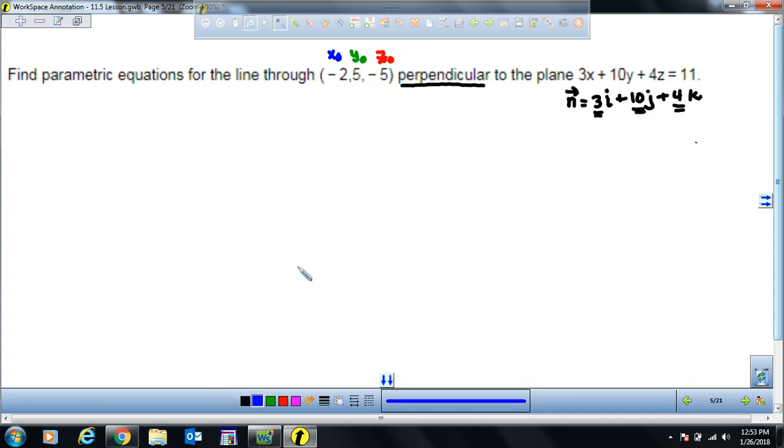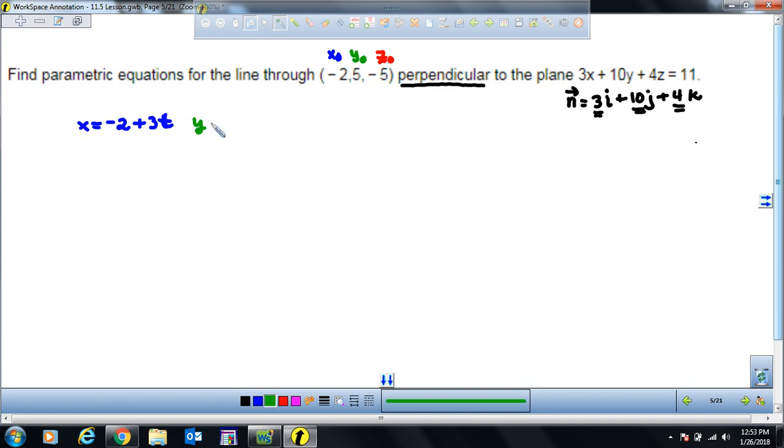So to create those parametric equations, we're going to start with x equals -2 plus, and then the x component of the vector that is perpendicular to the plane, which is 3i, so 3 times some parameter t. We want to write it in terms of a parameter.